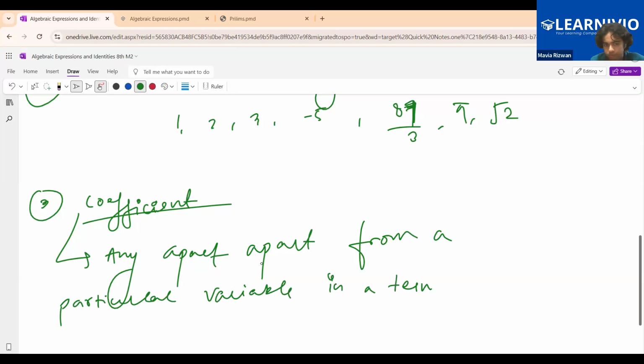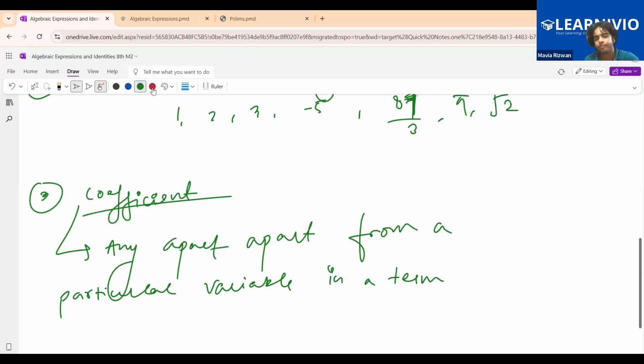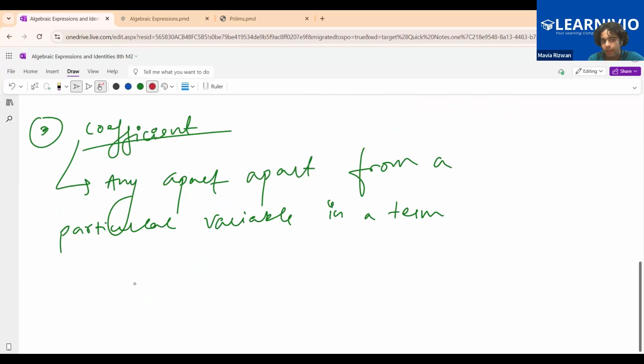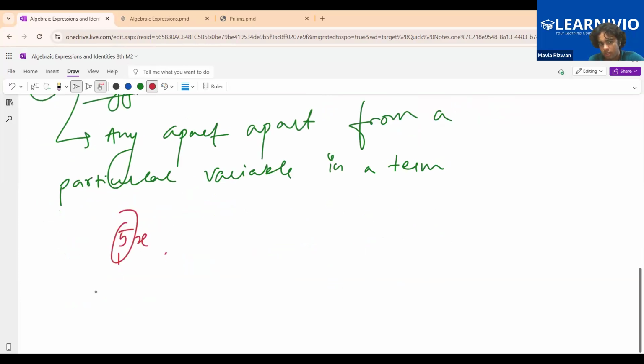Let's say I have 5x. So here this 5 is not known as a constant, it is known as a coefficient. 5 is the coefficient. Okay, I write 15xy. So here 15 is a coefficient.